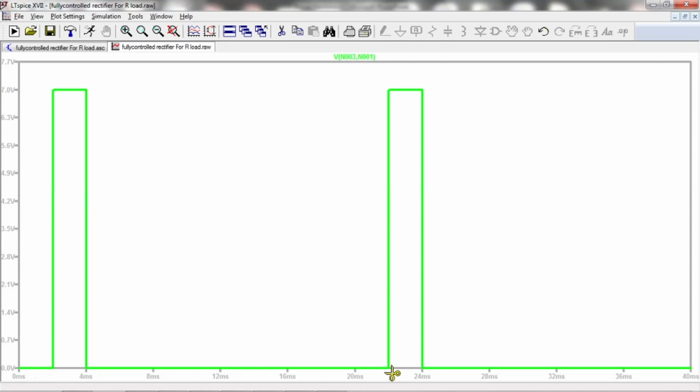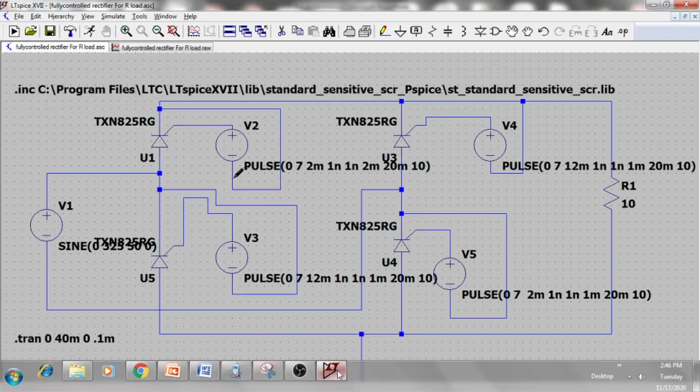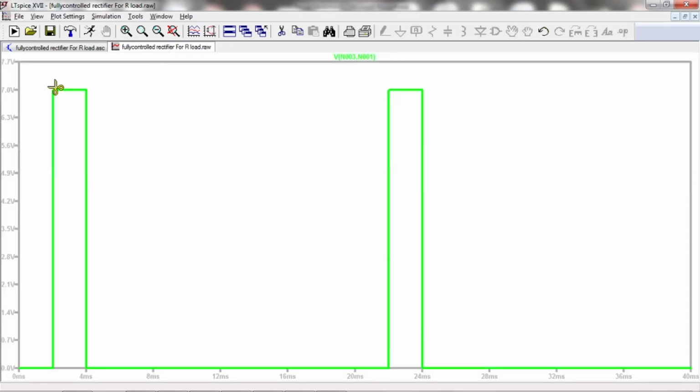This is the first cycle, 0 to 20 milliseconds. Again in the next cycle, after 10 milliseconds, one more pulse I am applying to the thyristor T1. See, this pulse and these two pulses are the same. I have written 0 to 7 volt, it goes from 0 to 7 volt.